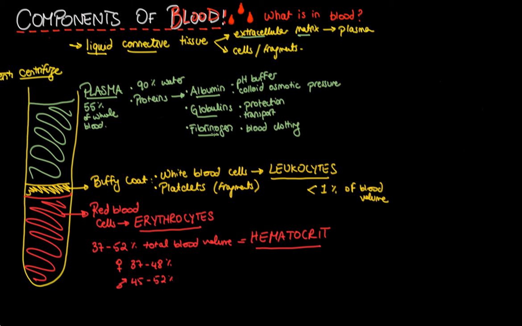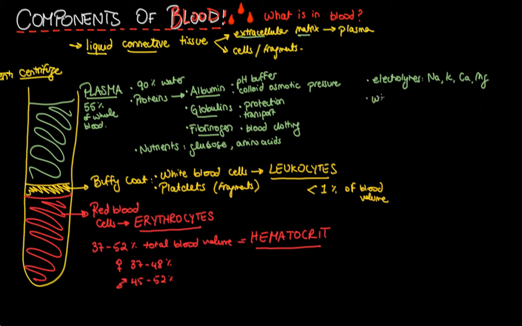Now, there are a few more things that you can find in plasma. I'm just going to list a few. So we have nutrients that are also found. Examples would be glucose, amino acids, fatty acids, cholesterol, iron, etc. We also have electrolytes. Some of the most important or major ones are sodium, potassium, calcium, magnesium, etc. Bicarbonate.